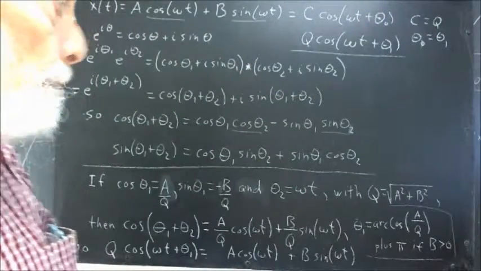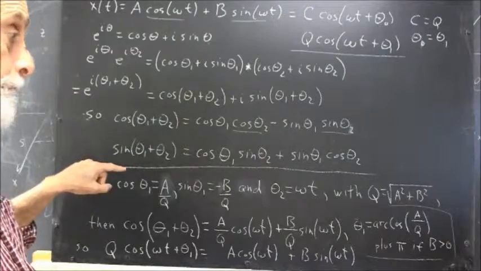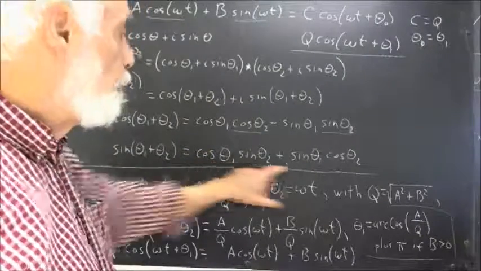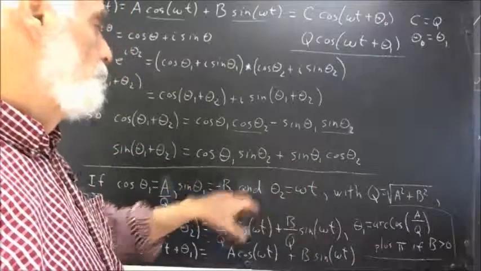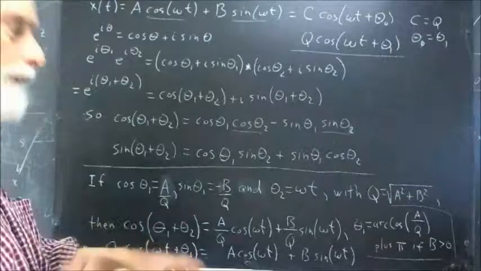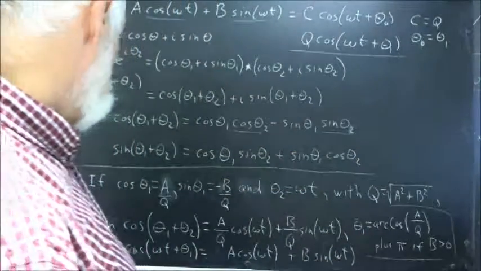Before we do what I just said, I'll also mention that we could use this identity with theta 1 equal omega t, and theta 2 being a combination of an arc sine and an arc cosine, very similar to what we did here.